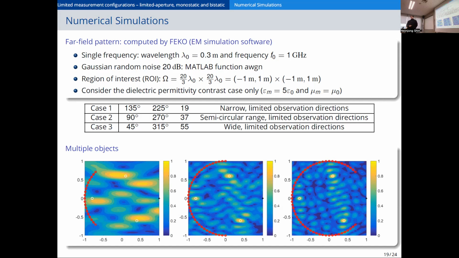Another question I have is, have you considered the following scenario where one object is surrounded by another, so that maybe that object is not really detectable? So there's a center, in the center you have a small object, and there are many dense objects surrounding it, and that satisfies all the assumptions you made.